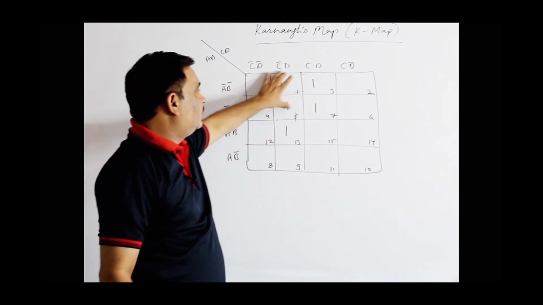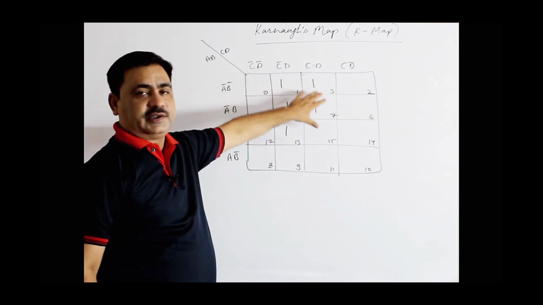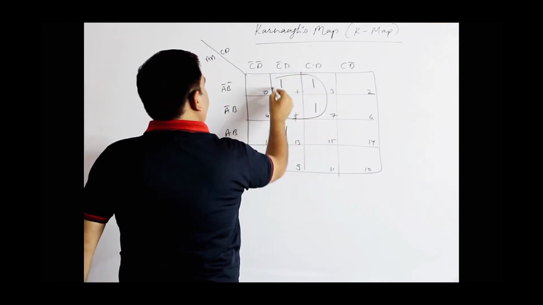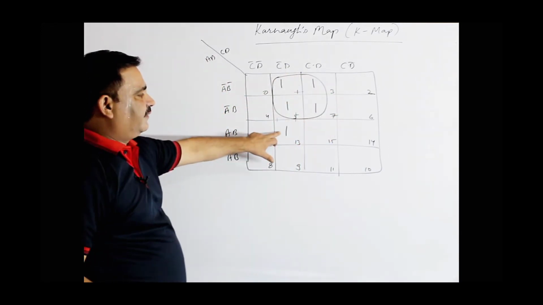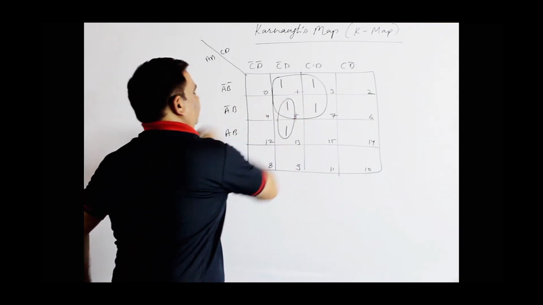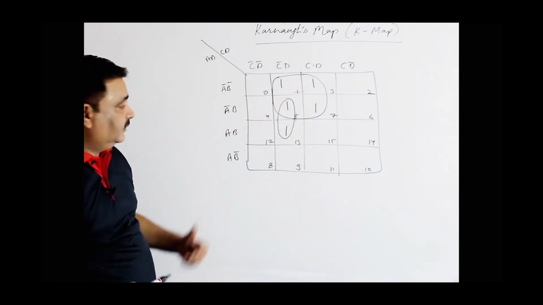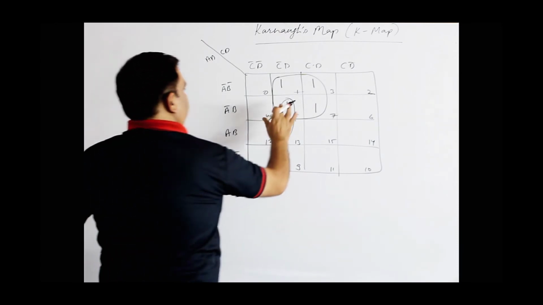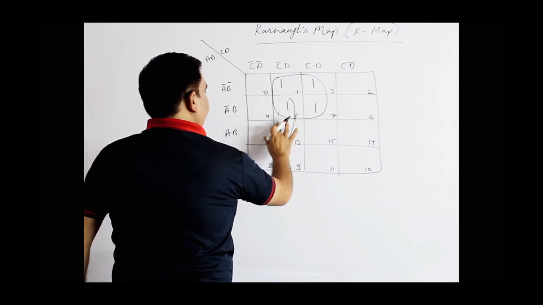So a quad is possible. You can see a combination of 4 ones. Now 1 is left, you can make a pair easily. This way you can also make it. Okay, for the time being I am removing this.